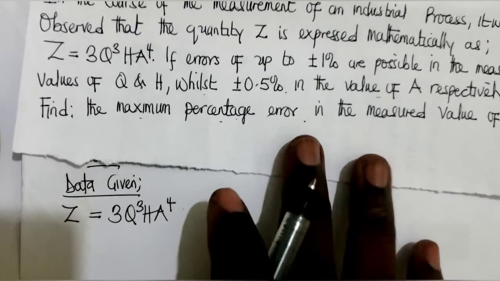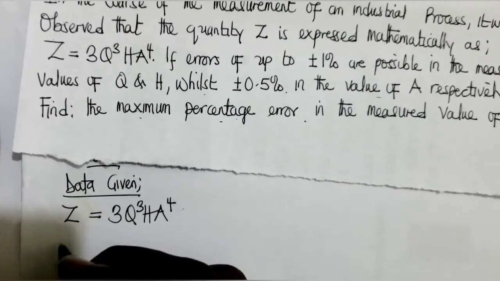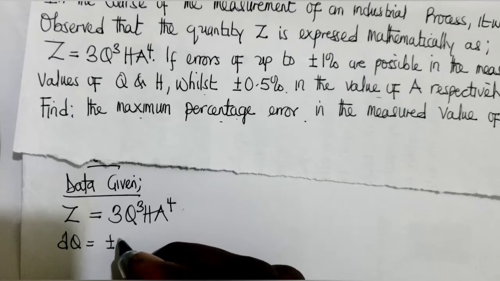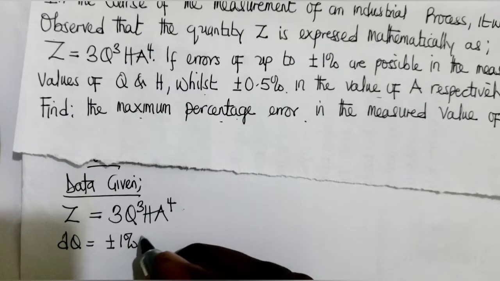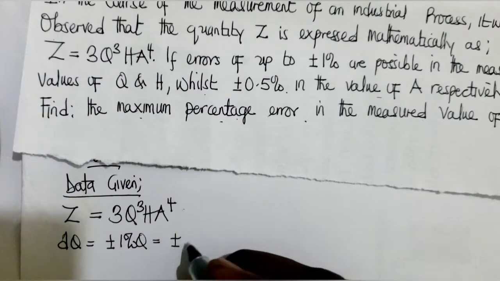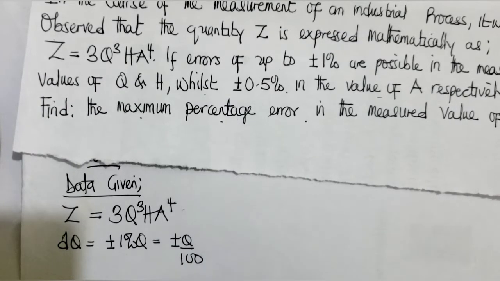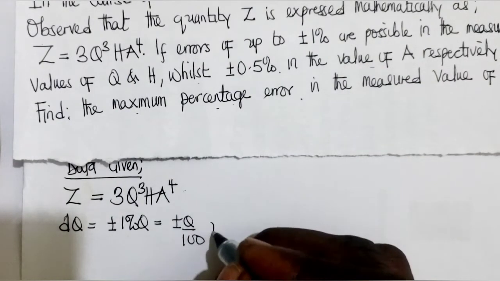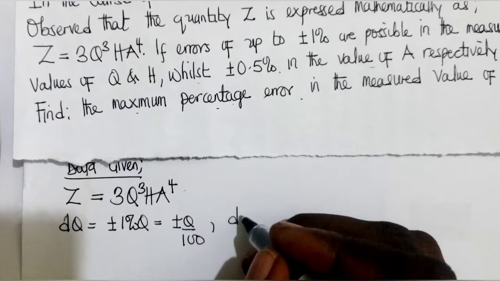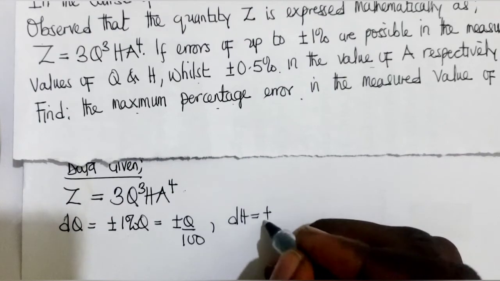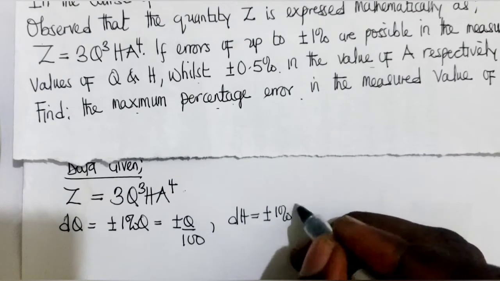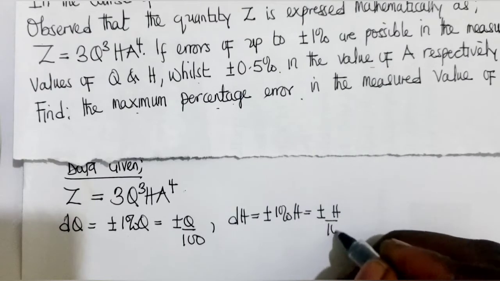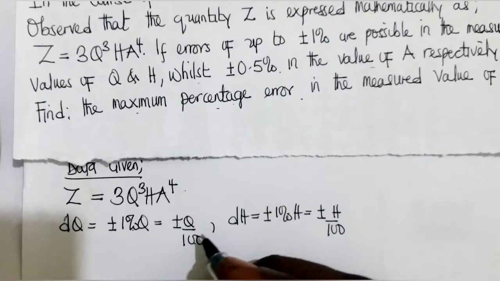Now we are given the error that occurs in Q, H, and A. The error in Q is plus or minus 1% in Q, and that's the same thing as plus or minus Q all over 100. Similarly, the error that occurs in H is plus or minus 1% in H, and that's plus or minus H all over 100. This percentage means over 100.